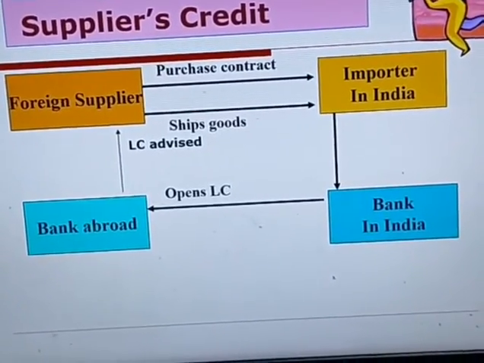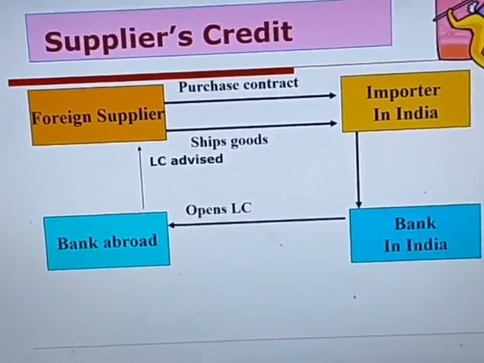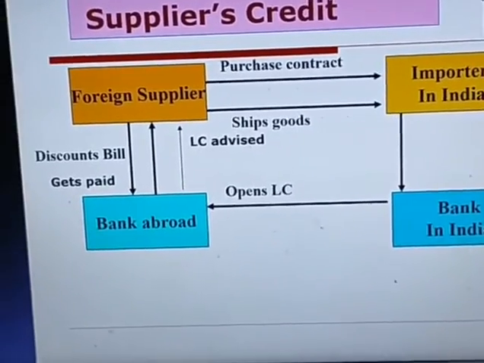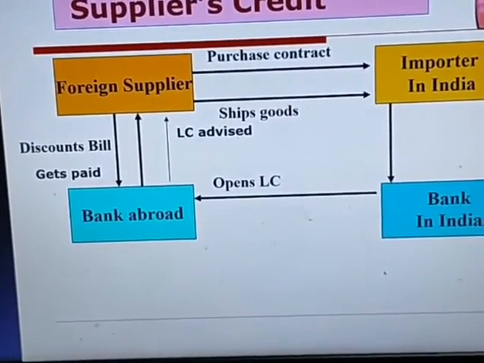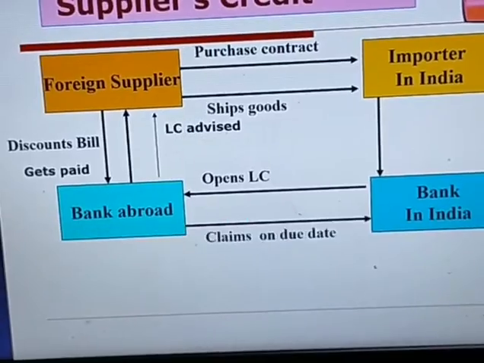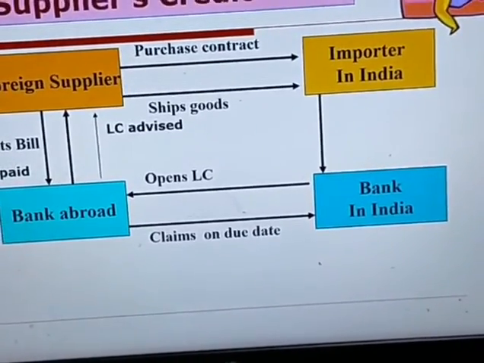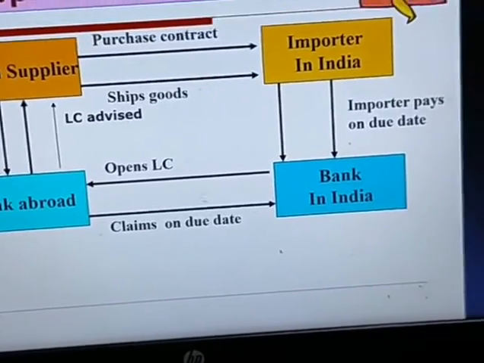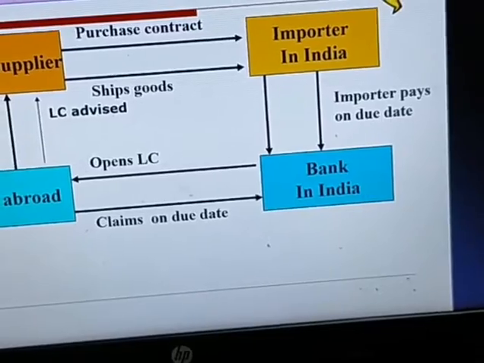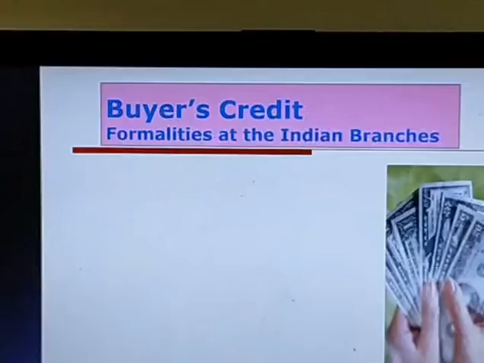Then the foreign supplier, once he receives the LC, will ship the goods, and sometimes he will discount the bills also at the bank abroad. Then the bank abroad will claim with the bank in India on due date, and the importer pays on due date. Okay.